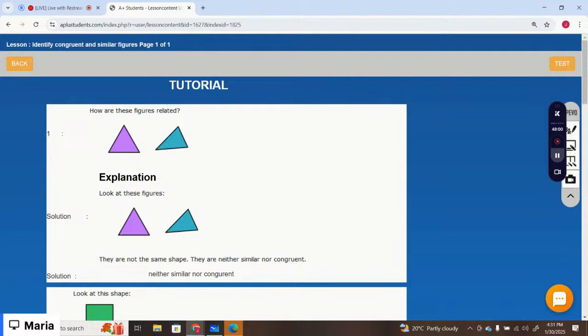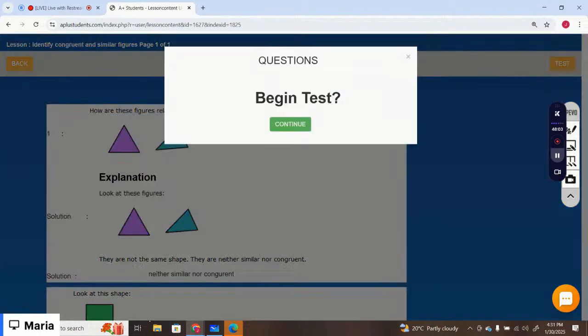No, they are not same, neither similar nor congruent. Let's just start with the test questions.